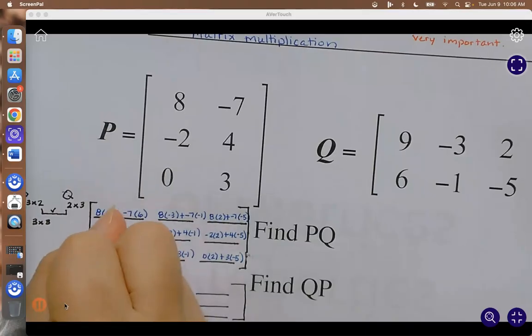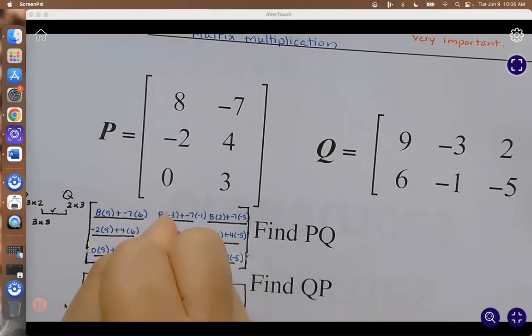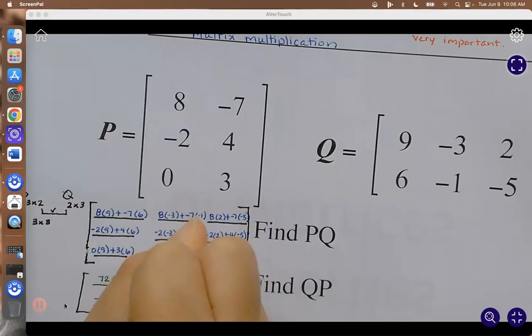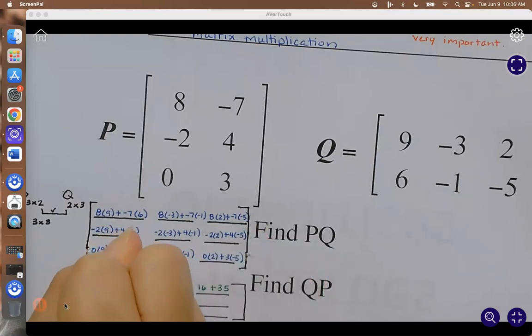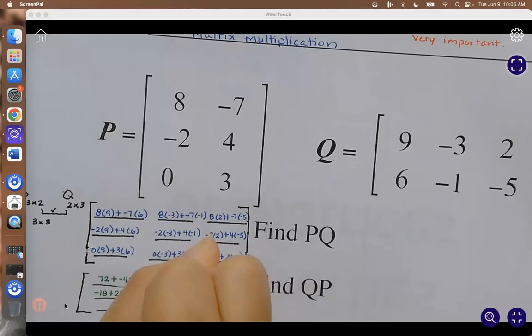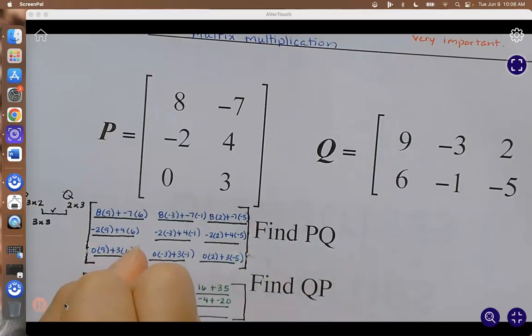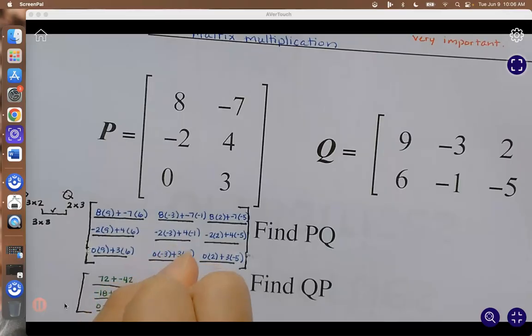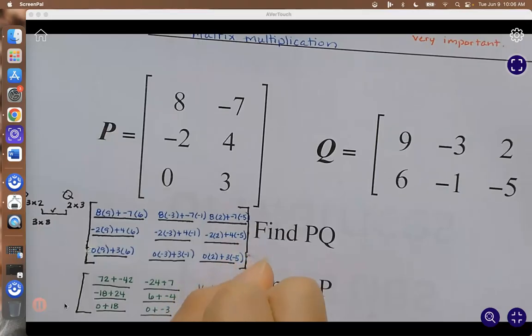So this is going to be 72 plus negative 42, negative 24 plus 7, 16 plus 35, negative 18 plus 24, 6 plus negative 4, negative 4 plus negative 20, 0 plus 18, 0 plus negative 3, and 0 plus negative 15.